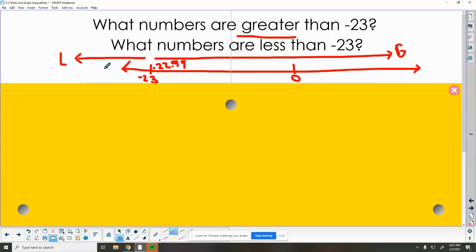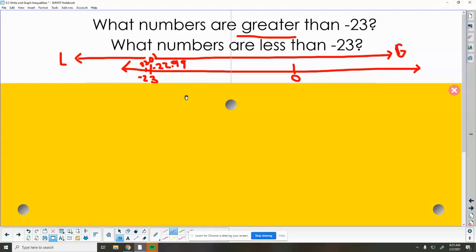Negative 42. I could even come right here and say negative 23.01 is less than negative 23, right? If I owe someone $23, that's less than owing somebody $23.01. So anything to the left is smaller. Anything to the right is going to be bigger.